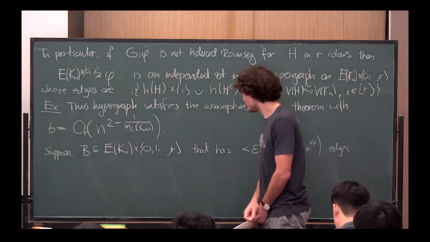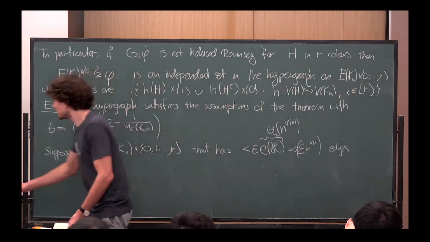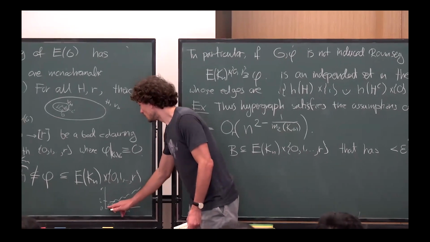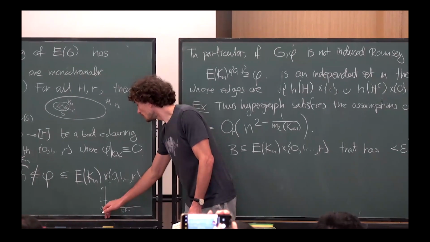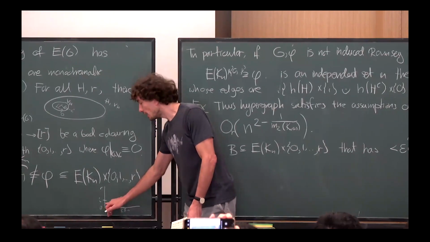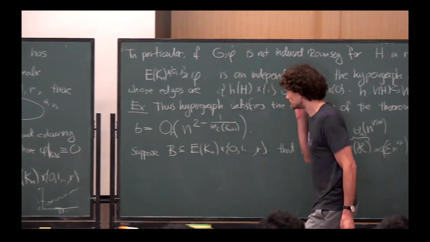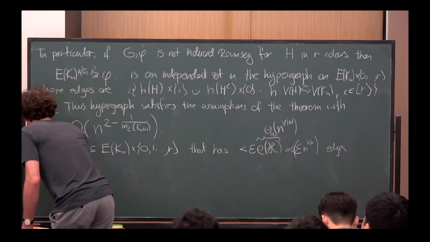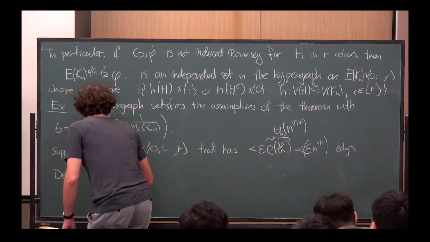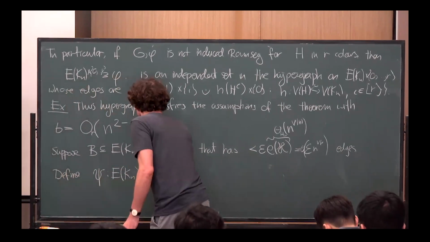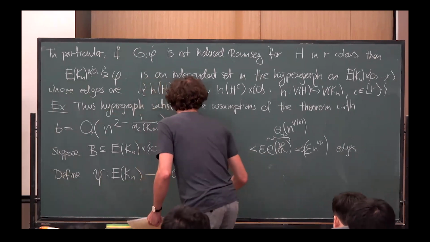So given such a set, I want to argue that this implies that a certain large proportion of edges of the complete graph don't have a color available other than perhaps the color 0. And to argue, let's define a coloring psi of the edges of the complete graph with colors 0, 1, up to R as follows.